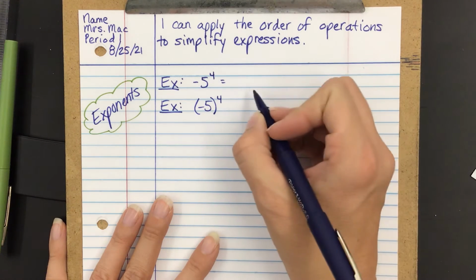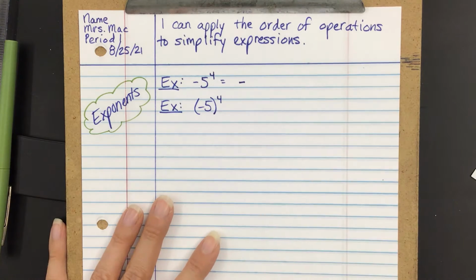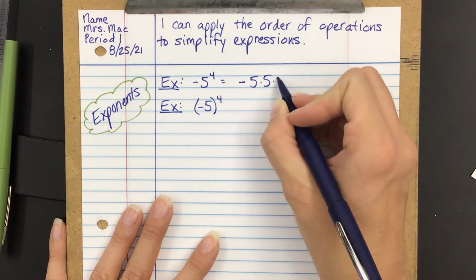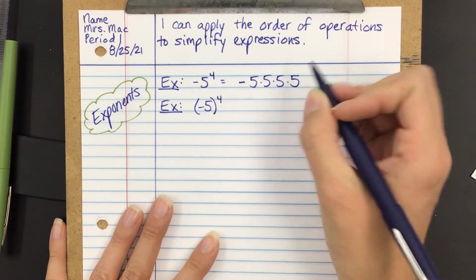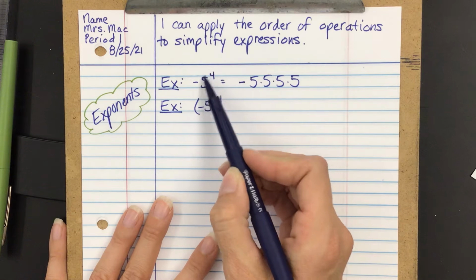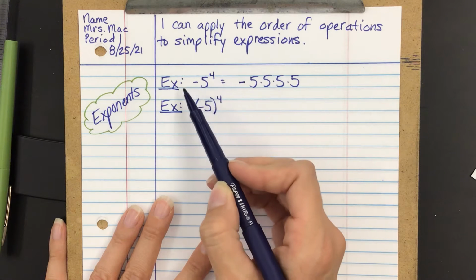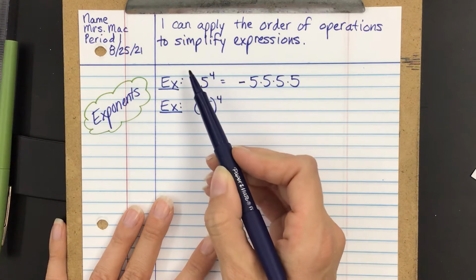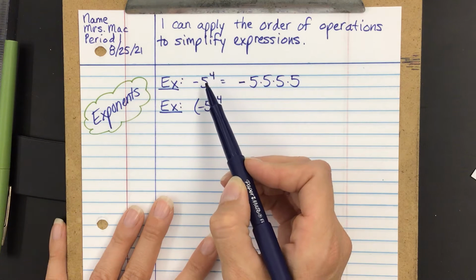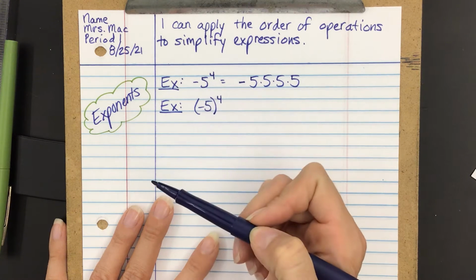So what it looks like then is you have your negative, and then it's 5 times 5 times 5 times 5. So the exponent is only on the 5. It only gets applied to the 5, not the negative. Okay, because there's no parentheses there, so we only apply that exponent to a base of 5.